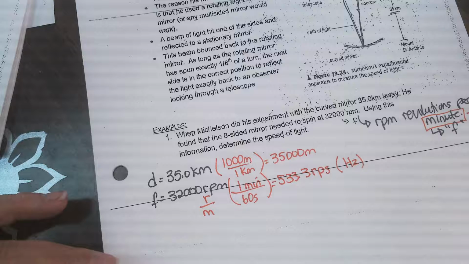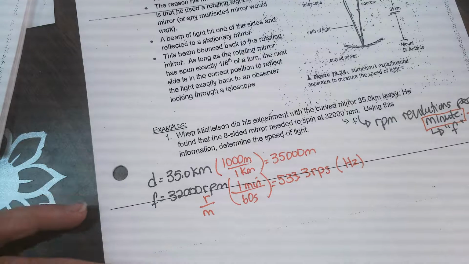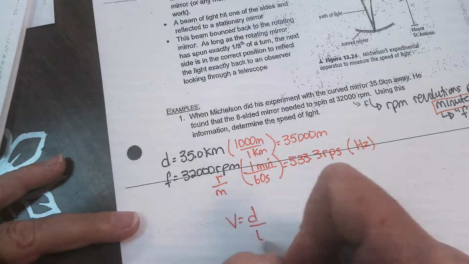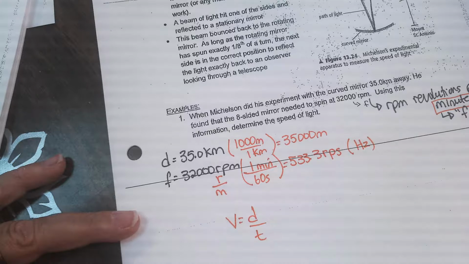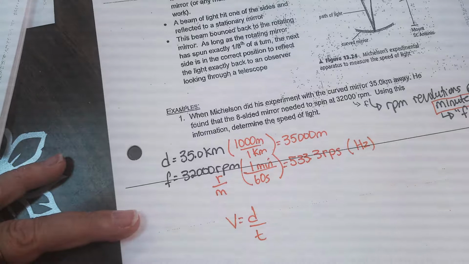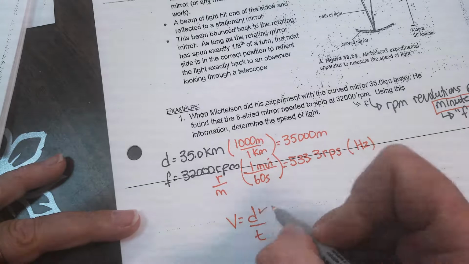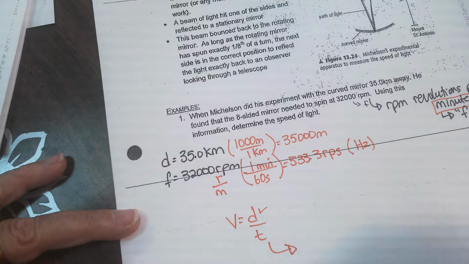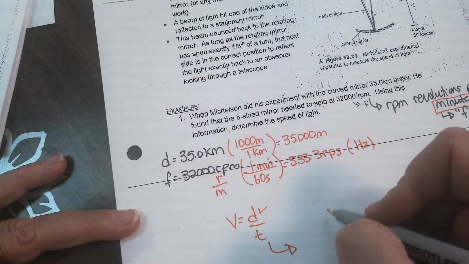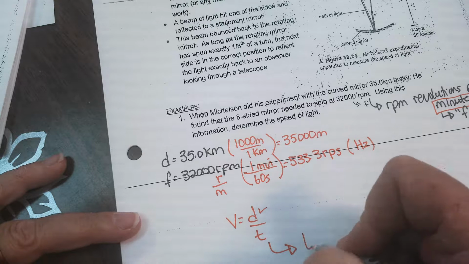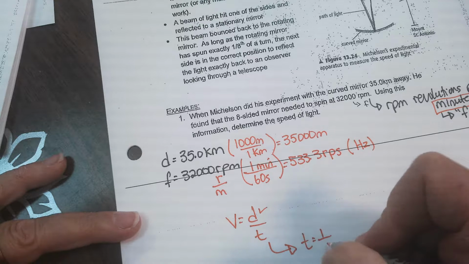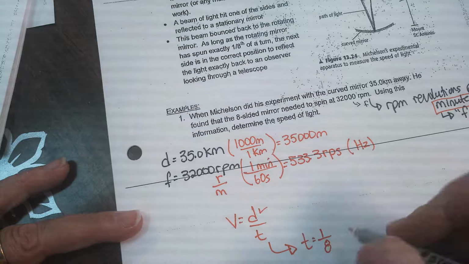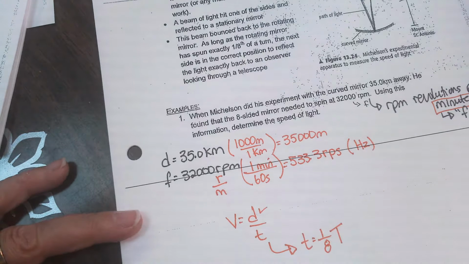Okay? So it's asking us to determine the speed of light. Right now, the only way we know how to solve light is velocity is equal to distance over time. We have this distance, but what we don't have is time. And what we do know is that the time is 1/8, because that's 1/8 of the revolution of the period, right?